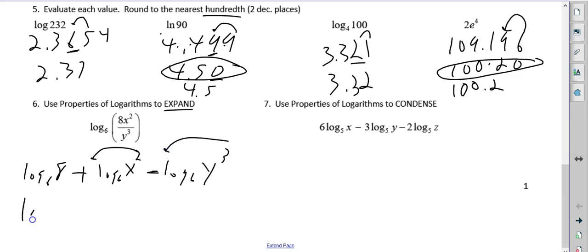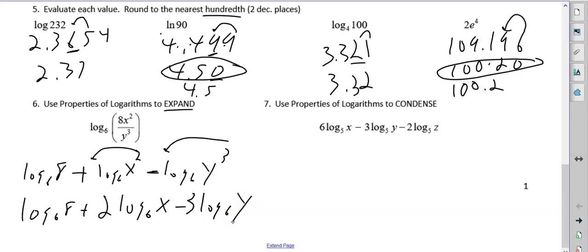So let's clean it up. We have log base 6 of 8 plus 2 log base 6 of x minus 3 log base 6 of y. And then when we condense, we're only going to write log base 6 one time.